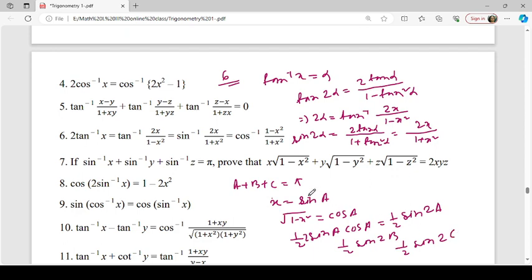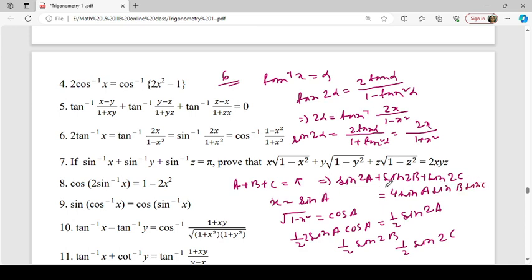As proved earlier, a plus b plus c equal to pi implies sin twice a plus sin twice b plus sin twice c is equal to 4 sin a sin b sin c.